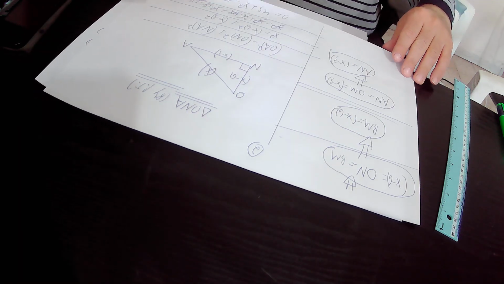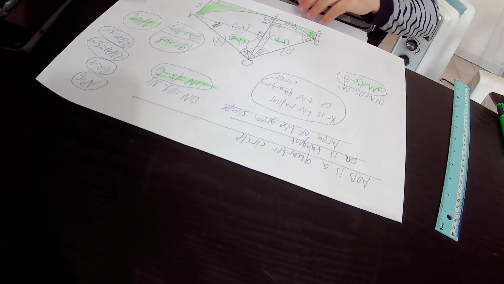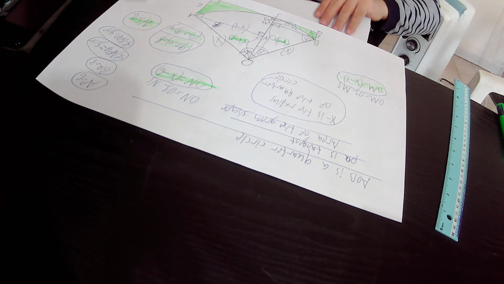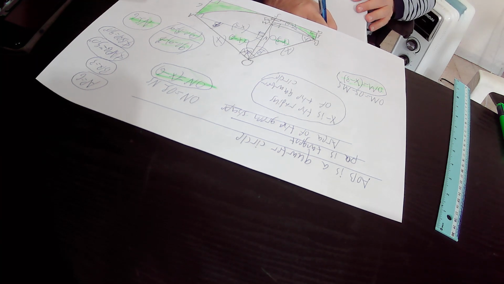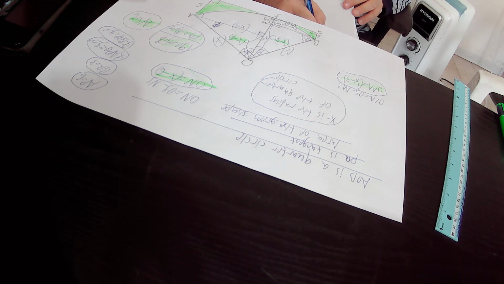So in conclusion, we found out that x squared minus 18x plus 45 equals 0.